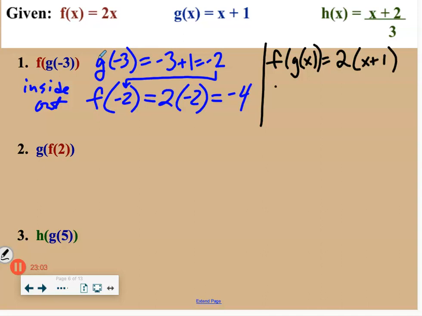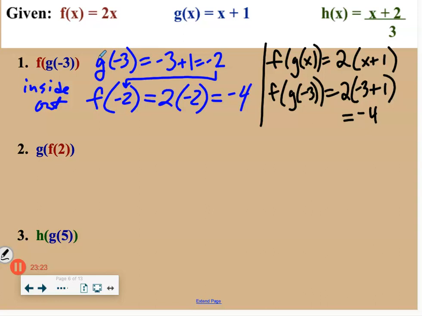And then if I want f of g of negative 3, I just plug a negative 3 into here. 2 times negative 2 is negative 4. Voila, right?